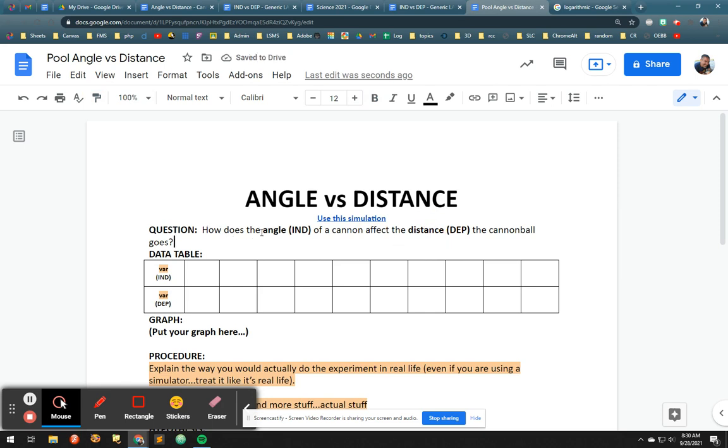Okay, so how does the angle of a cannon affect the distance? It's very clear to me. It's a well-written question where I can see what the independent and dependent variables are. And the question itself, written this way, really implies what's going on. If I were a stranger and I read this question, I would pretty much know what your experiment is going to be about.